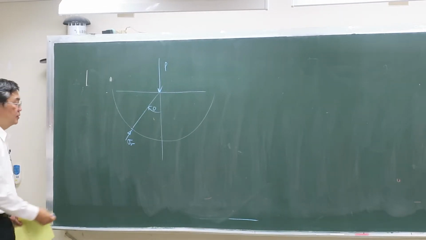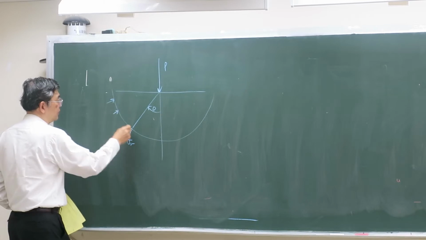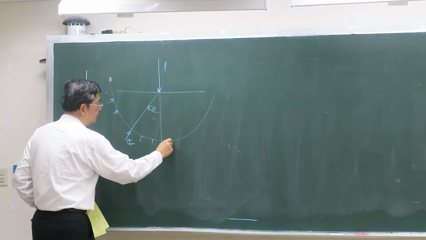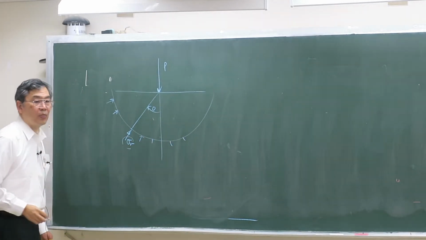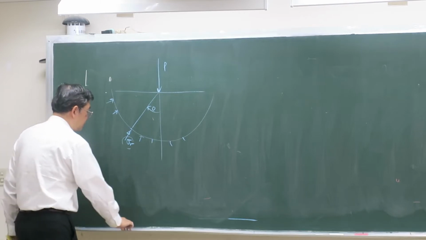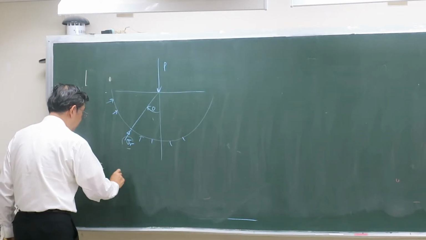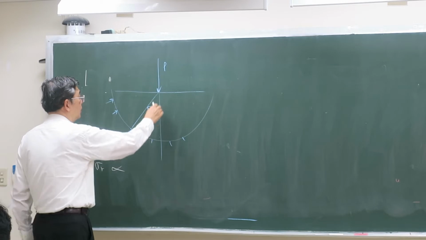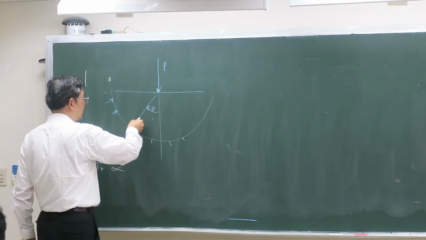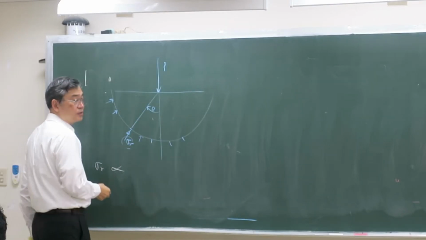Okay. To distribute this at different theta, I have a different sigma R. And this sigma R is proportional to the component applied in this direction.